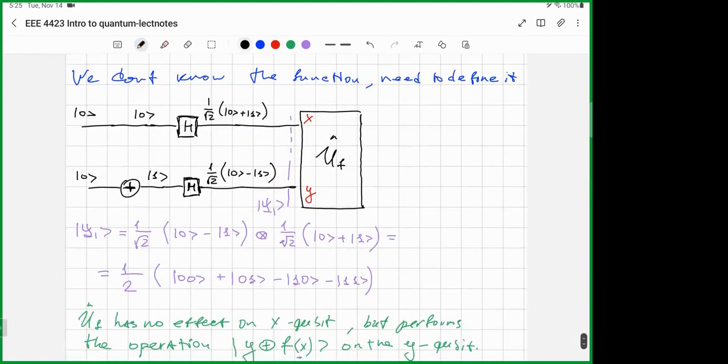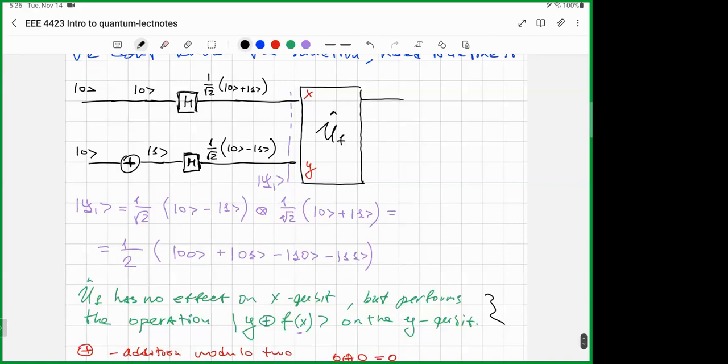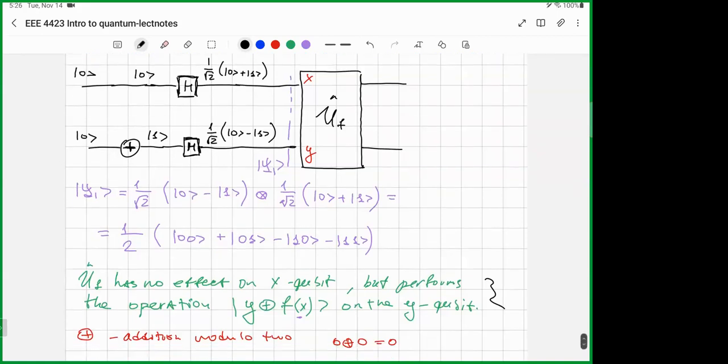So using this property that we just defined, let us write down the state of the quantum system exactly right after the operation of this unitary operator. So this is psi 2.